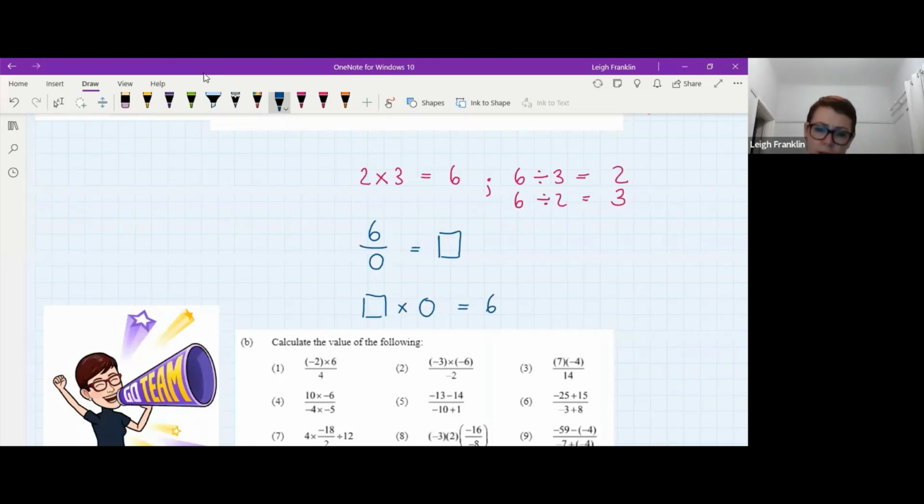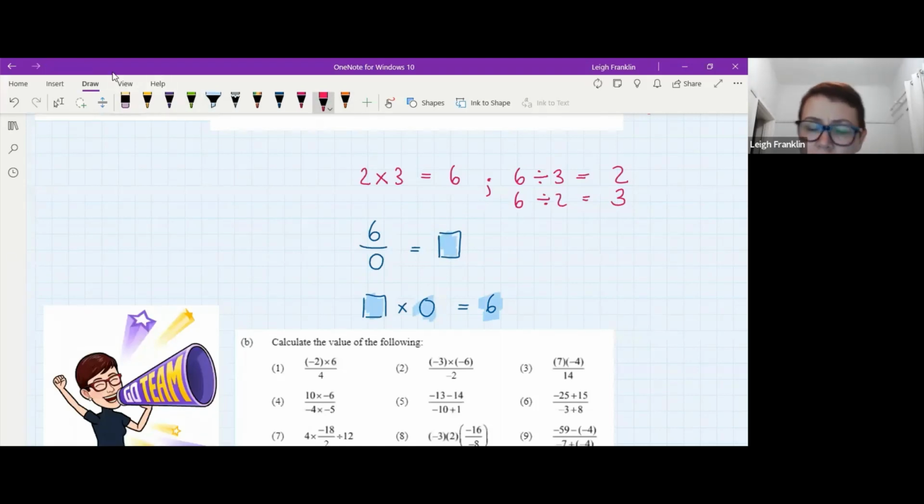Now that cannot happen, because when I take any number, doesn't matter what it is, and I times it by 0, I can never ever get an answer other than 0. That's why division by 0 cannot happen.